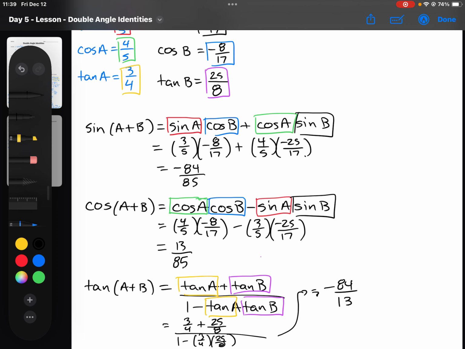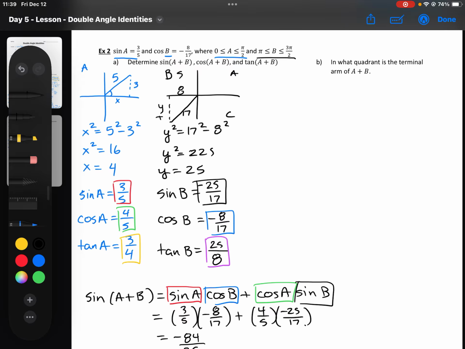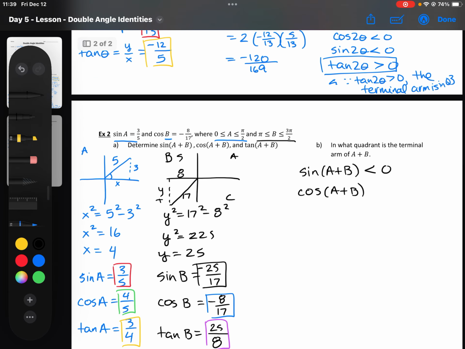Finally, I can use these values to figure out the location of the terminal arm of A plus B. And so if I go back up, I know that sine of A plus B is less than 0. Cosine of A plus B is going to be greater than 0. And then tan of A plus B is also less than 0. The only quadrant where all three of those things are true is in the cos quadrant.